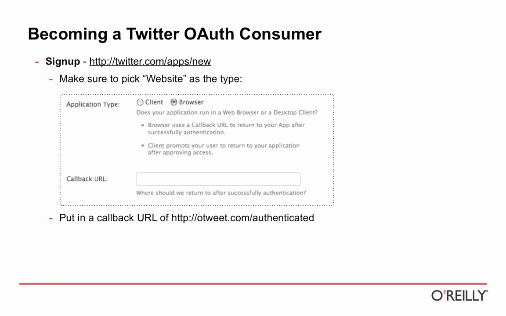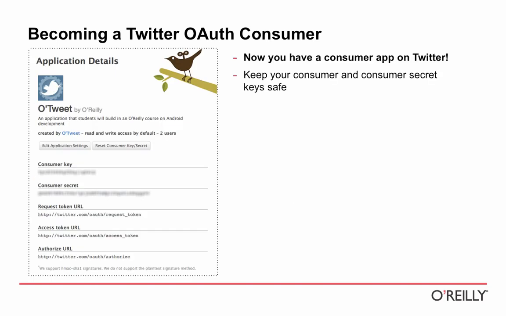Make sure your application is a browser type, and you put in that otweet.com authenticated callback URL. And then after all that is set up, you will have a consumer key and a consumer secret key, which I've blurred out here on mine. But you'll need those two pieces of information, and we'll put those into a properties file in our application there in the first week, and then you will be a consumer app on Twitter and be ready to act on behalf of a user.